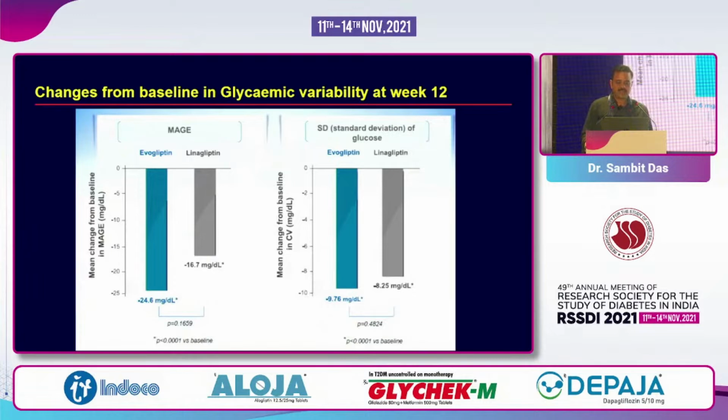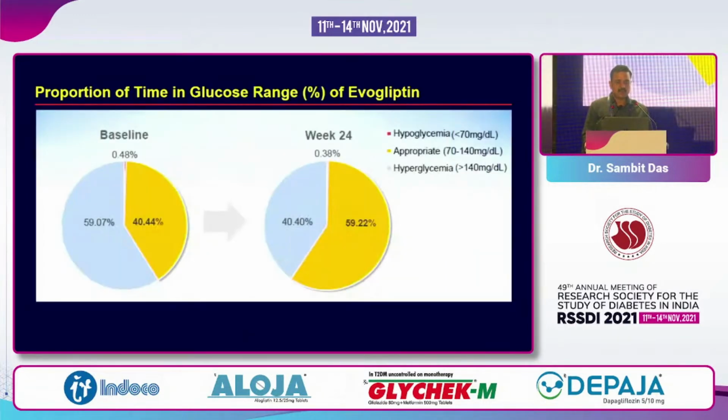The standard deviation of the glucose was almost similar. And the proportion of time in glucose range with Evogliptin at the initiation of the study was 40.44%, which improved to 59.22% at the end of the 24 weeks. So the conclusion of that study was that it was non-inferior to linagliptin even in the CGM study.